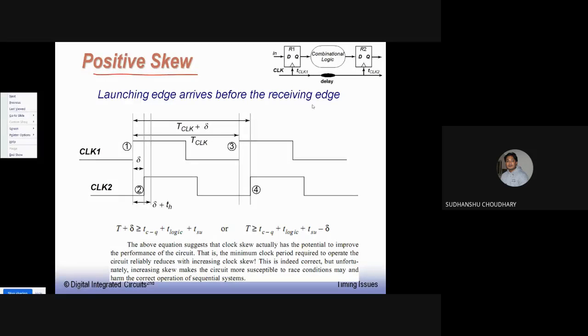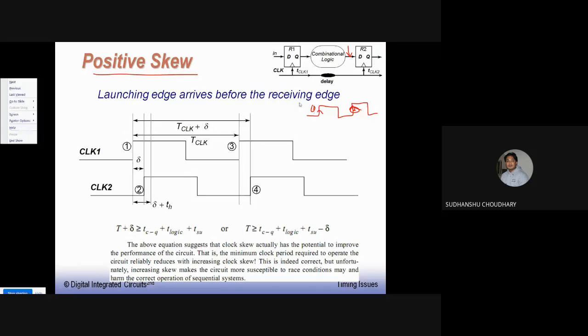So at the first edge of the clock, maybe this is my clock, this is the first edge, and maybe this is the second edge. At the first edge, the positive edge, the data will be sampled by register 1, processed by this combinational logic, and made available before clock edge 2, because at clock edge 2, the positive edge, the same data will be sampled by register 2. So this is how this sequential circuit will operate.